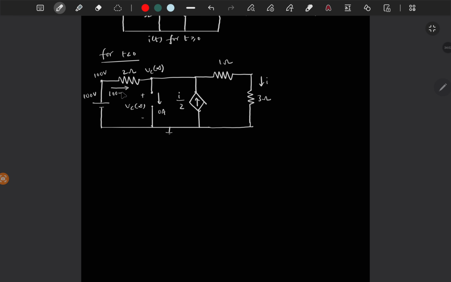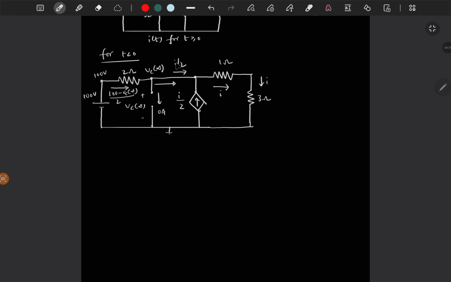So here the current flowing is (100 minus Vc of infinity) by 2, and at the same node we have I by 2 current flowing in this direction and I current flowing in this direction, right? So this is I by 2 and this is I, which means this should be I by 2, right? Since this current is 0, the (100 minus Vc of infinity) by 2 current should come here.